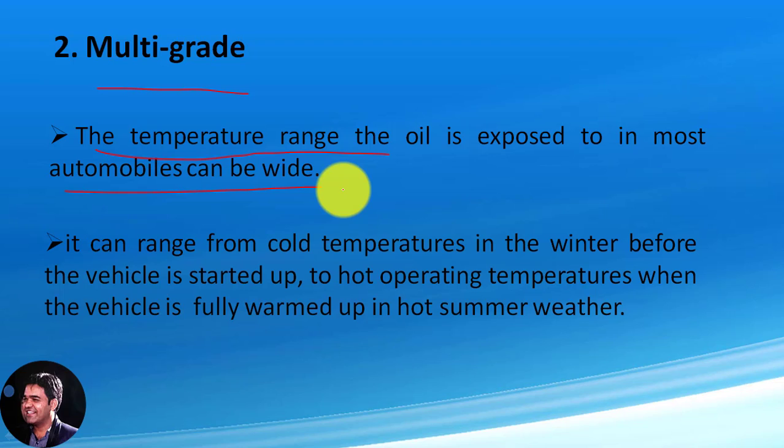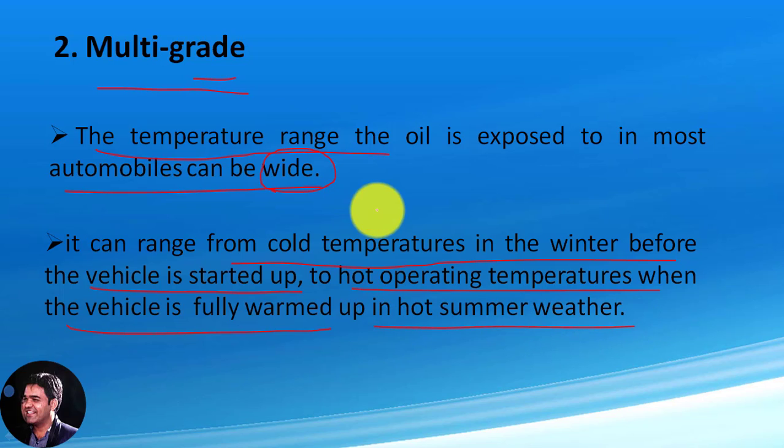This multigrade engine oil can provide a better viscosity over a wide range of temperature, and that's why it is known as multigrade oil. It can range from cold temperature in the winter before the vehicle is started up to the hot operating temperature when the vehicle is fully warmed up in hot summer weather.